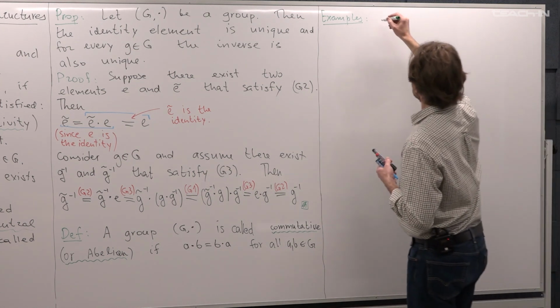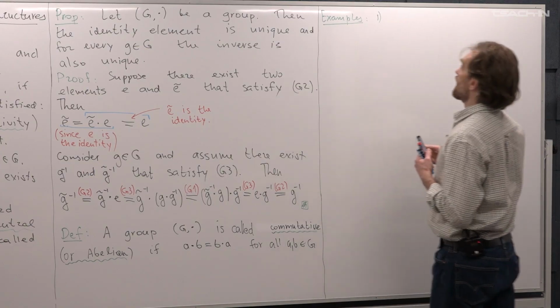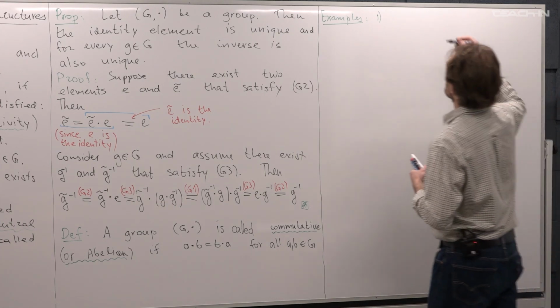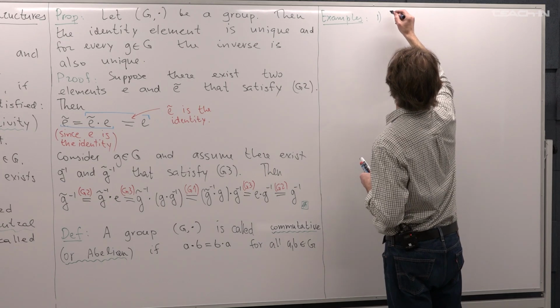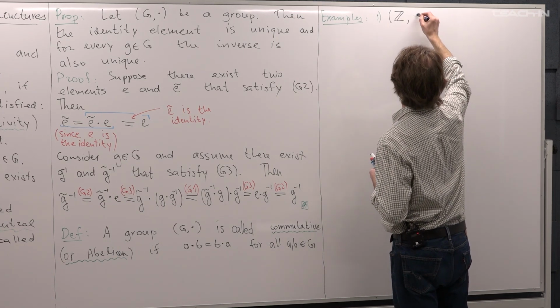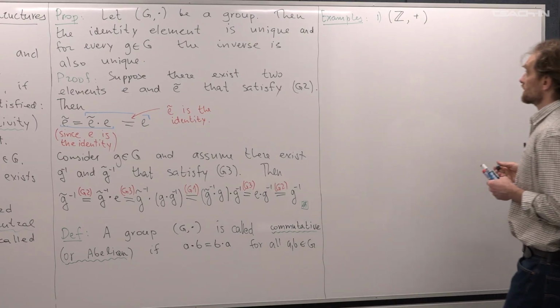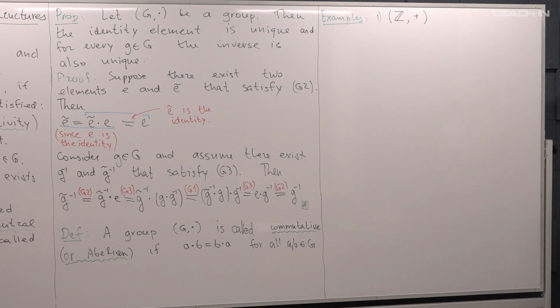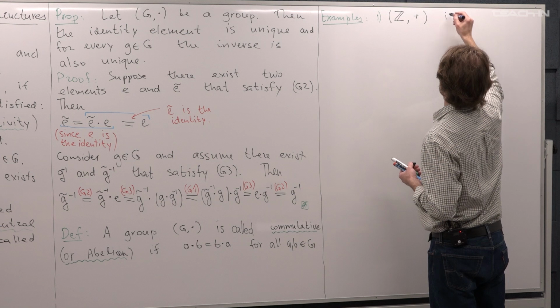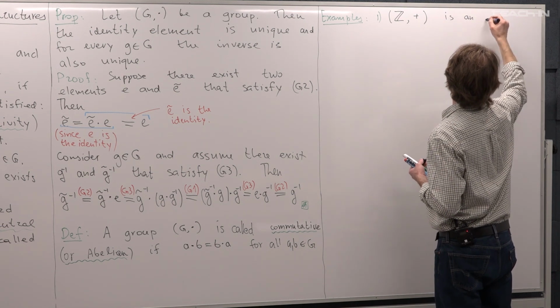So the first example would be one of the basic examples for the notion of a group. So consider the set of all integer numbers and the operation plus. So this is just the addition of numbers. So this pair is an abelian group.